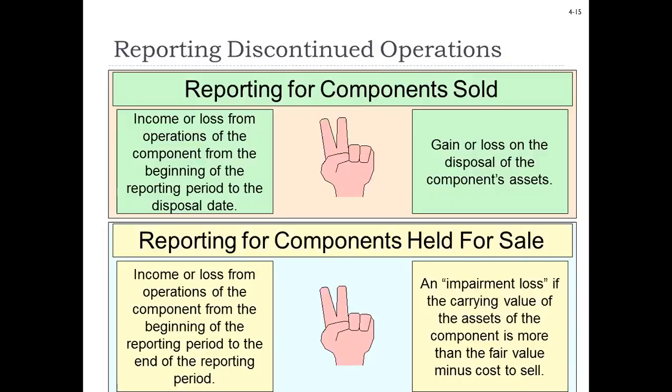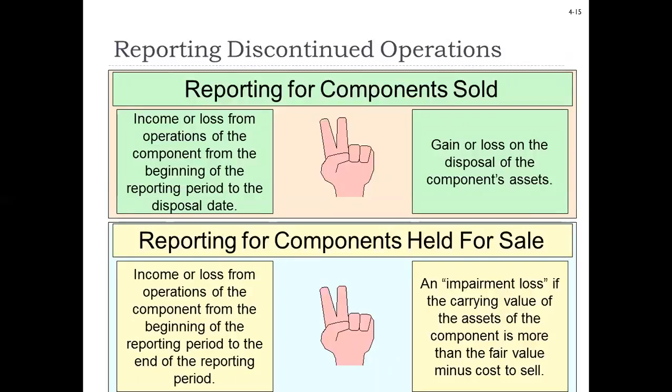from selling that segment. In addition to that, that segment has operated during the year from the beginning of the year until the day it was disposed of. So you have to report that income or that loss from operating that segment for the period of time during the year that it was in operation.